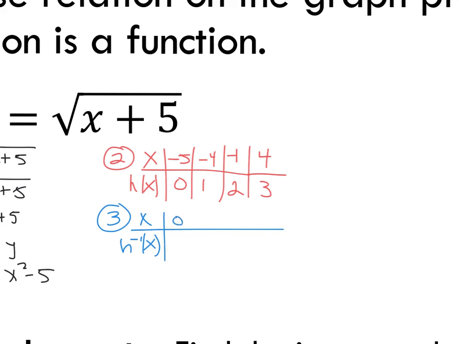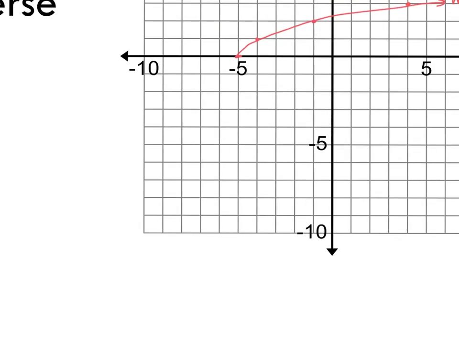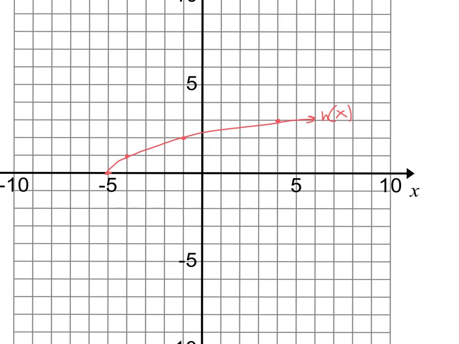So the first is 0, negative 5, 1, negative 4, 2, negative 1, and 3, 4. So now we're going to graph those ordered pairs in the same graph as our function. Okay, so we're going to graph 0, negative 5. We're going to graph 1, negative 4.